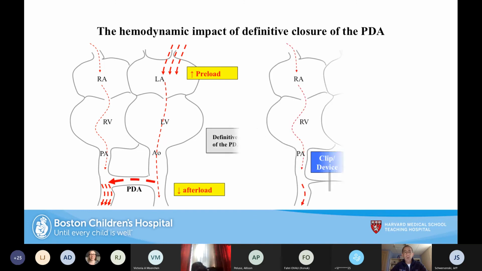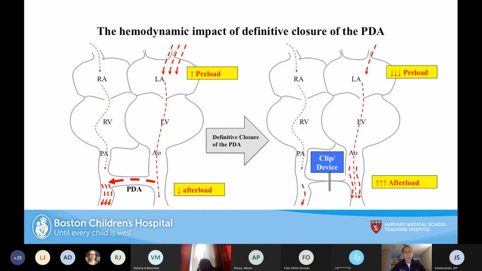So if you have a duct that you consider to be hemodynamically significant, and you want to close it, and you fail conservative management or medical management, and you want to go for definitive closure of the PDA, either with a clip or a device, what you essentially have done is all the blood that was going into the lungs is now going out to the body.